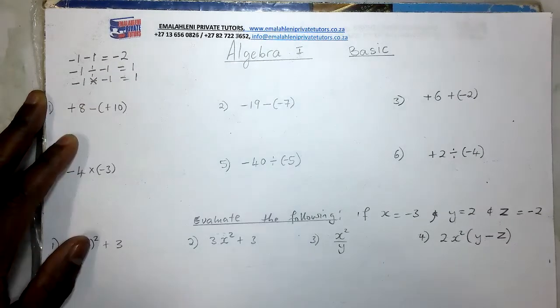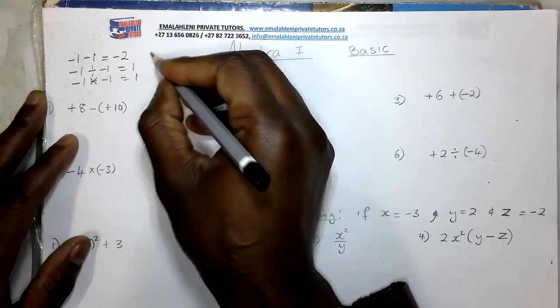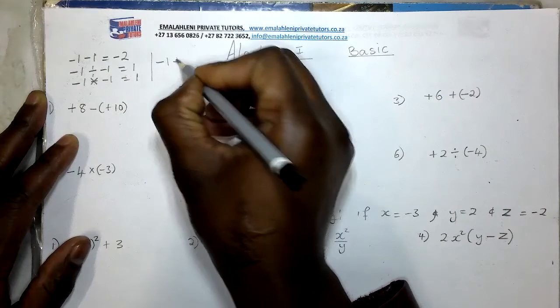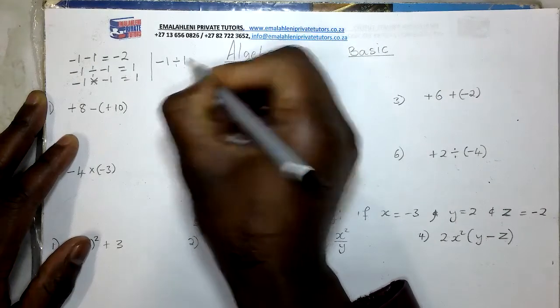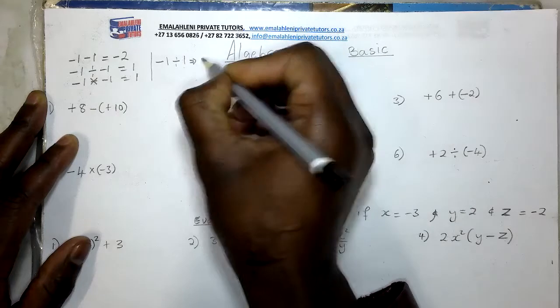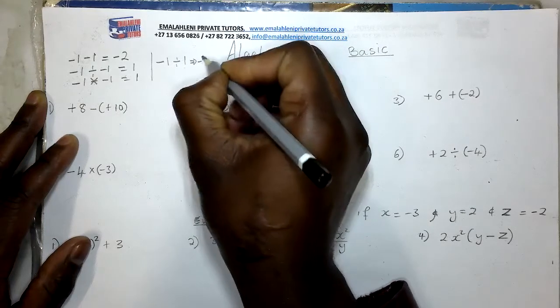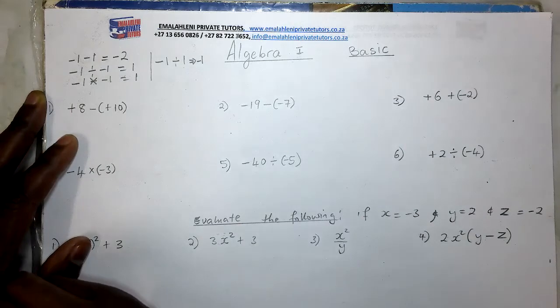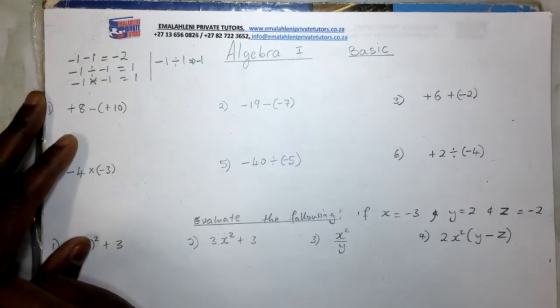So your negative cancels. But now, when we have a negative 1 divided by a positive 1, what we have here is negative 1. So in terms of power, your negative has more power compared to your positive.